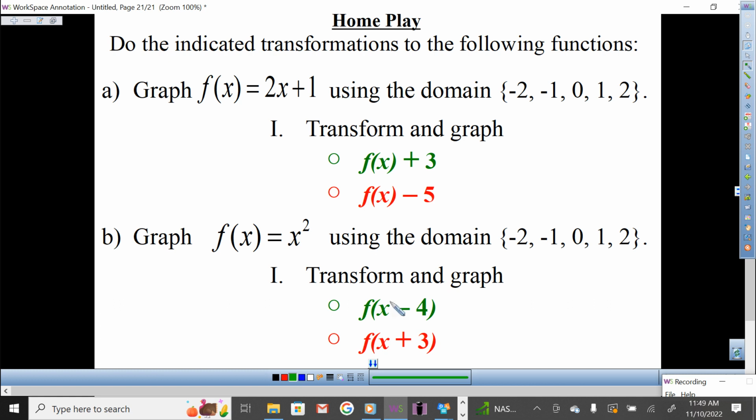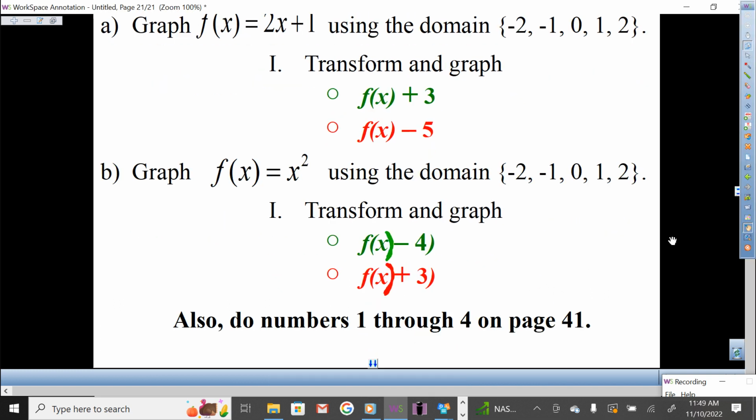For this one, just close it here and close it here. Forgot to move the parentheses. Okay. All right. And for page 41, I want you to do numbers 2, 4, and 6 instead of 1 through 4. 2, 4, and 6.